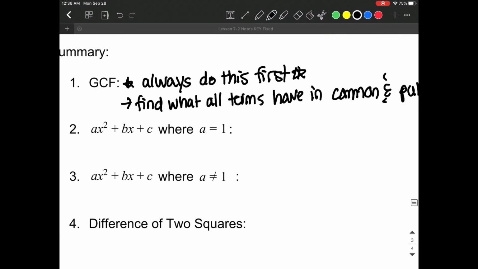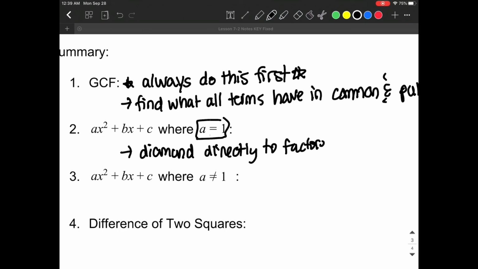For ax squared plus bx plus c, where a is equal to 1, diamond, directly to factored form. Easy.